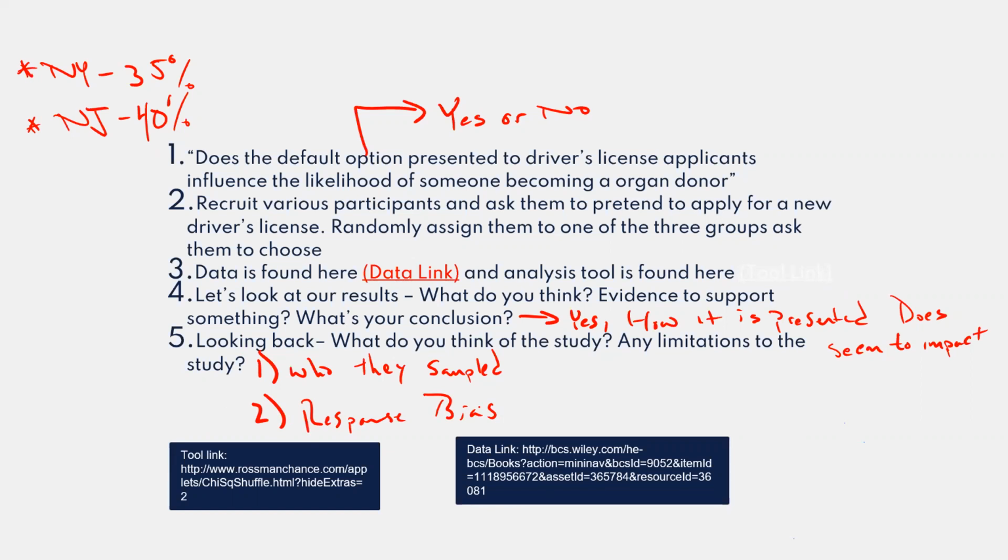That's it. So what happens is whenever you're given a study like this, you know that someone's going to take your paper, your driver's license application, and they're going to judge you. Okay, they're going to form a conclusion about you. So there's a tendency to do this thing called response bias, where you give the answer you think they want. Okay, so this is just a study, so there is no impact in the real world.